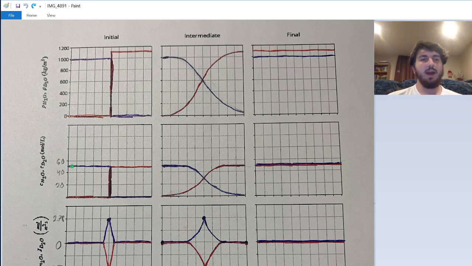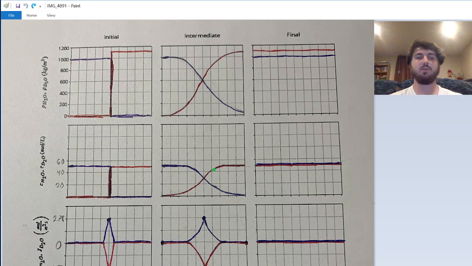And so in the initial state where t equals 0.1, the H2O molar concentration is at that 55, but it drops down to 0 because it has not had enough time to mix. It has not moved over to the other side. Same goes for the D2O. It is 0 from 0 to 5 centimeters before the divider, but at its side of the divider, it is also at 55.